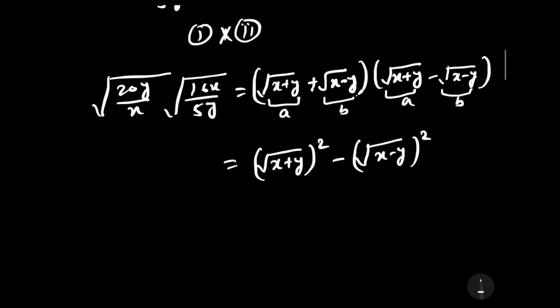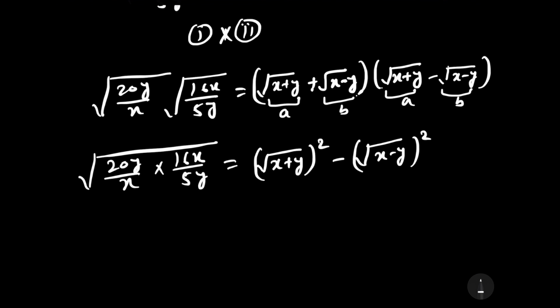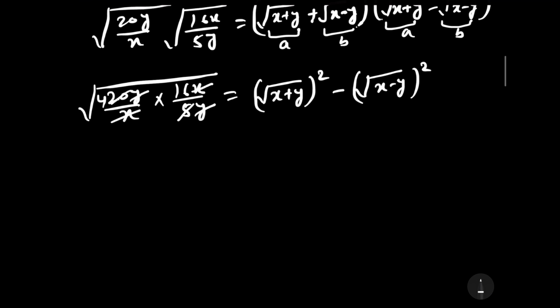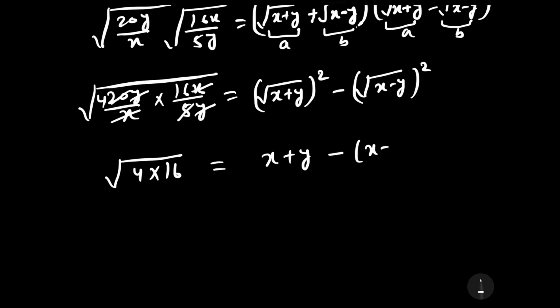Therefore, we can write it as 20y upon x into 16x upon 5y. This x will be cancelled out with this x, and y will cancel out with this y. And 20 will be cancelled out by 5, four times, then this will be equal to 4 into 16, and this will be equal to x plus y, since the square of square root of x plus y will be x plus y, minus x minus y.